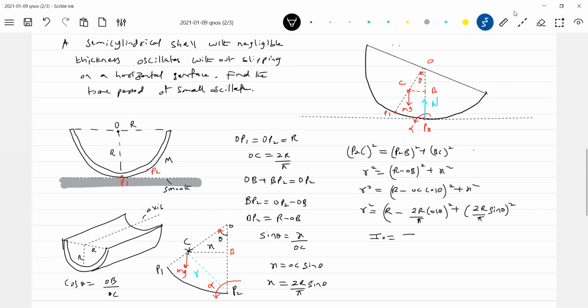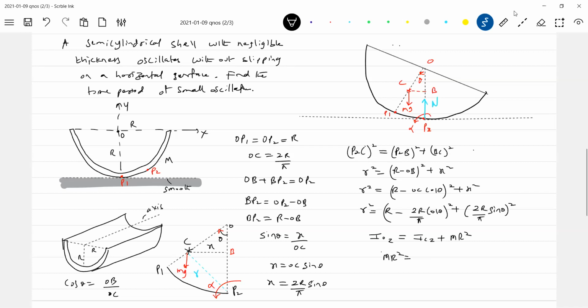IOZ, I think, will define the axis here. IOZ should be equal to ICZ plus MR square. What is IOZ? Anybody? Shall I write only MR square? But sir, it is not a hollow cylinder.